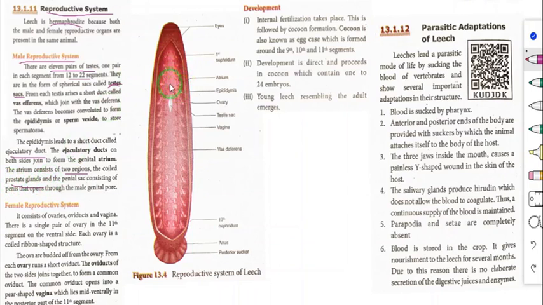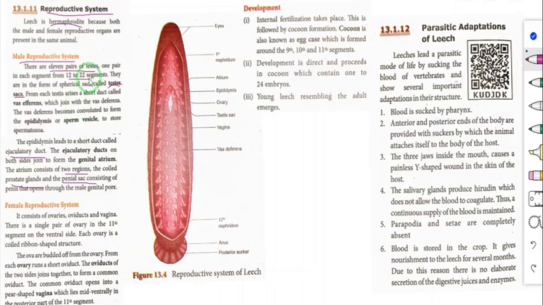In this region only it is located. Okay, prostate gland and the penial sac consisting of penis. Second one is the penis. That penis opens through the male genital pore. Through that only the sperms can ejaculate. Okay, so the penis opens into the male genital pore.